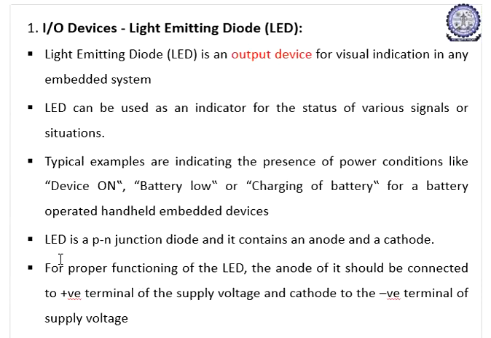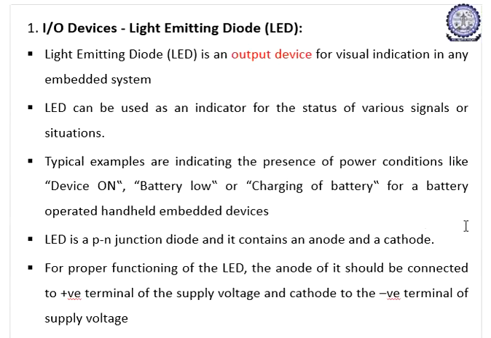So an LED is a PN junction diode, and it contains an anode and a cathode. Here is its representation: the PN junction diode is made up of semiconductors.